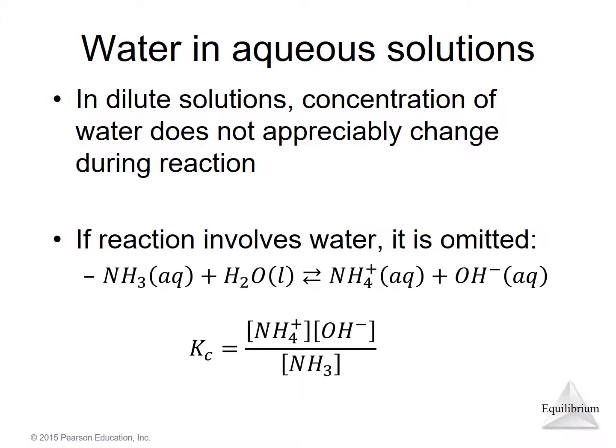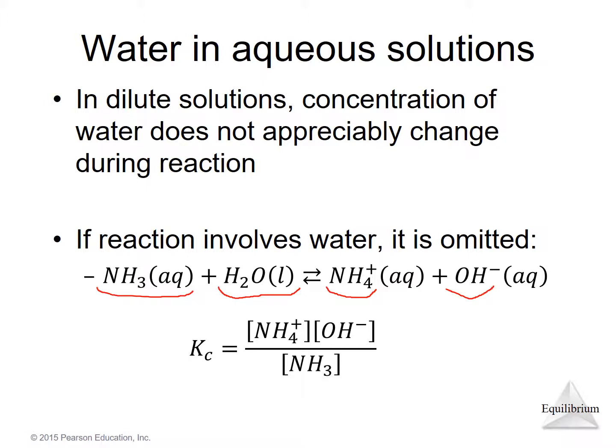And here's an example. If the reaction involves water, it is omitted, and the example we have is ammonia in the aqueous phase reacting with water. That's our solvent. So this is ammonia dissolved in water, and it partly reacts with water to form the ammonium ion and the hydroxide ion. What's the equilibrium constant expression for this?